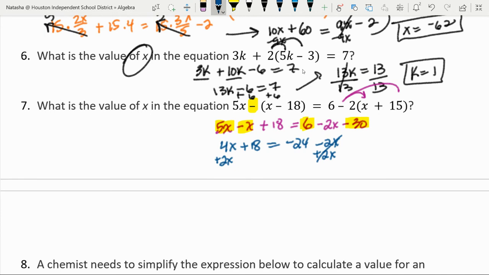So I'm going to move the 2x. 5 plus 2 gives me 7. So that becomes 7x plus 18 is equal to negative 24. Subtract 18 from both sides. That gives me 7x is equal to negative 24 minus 18, which is negative 42. Divide by 7 and that gives me negative 6. So x should equal negative 6.